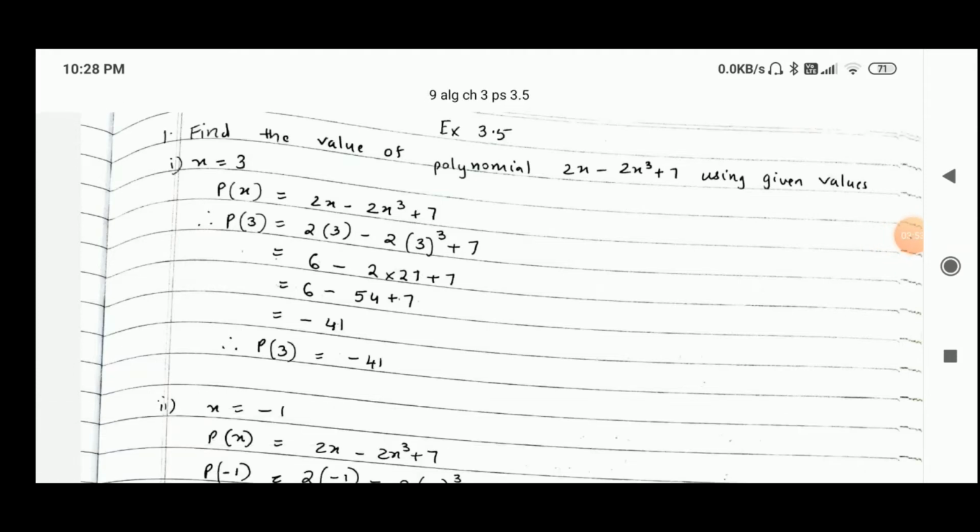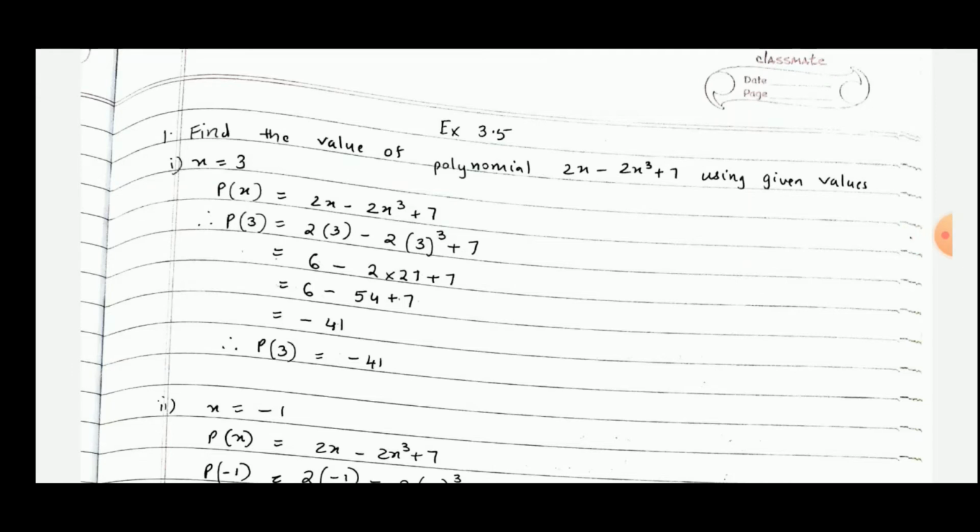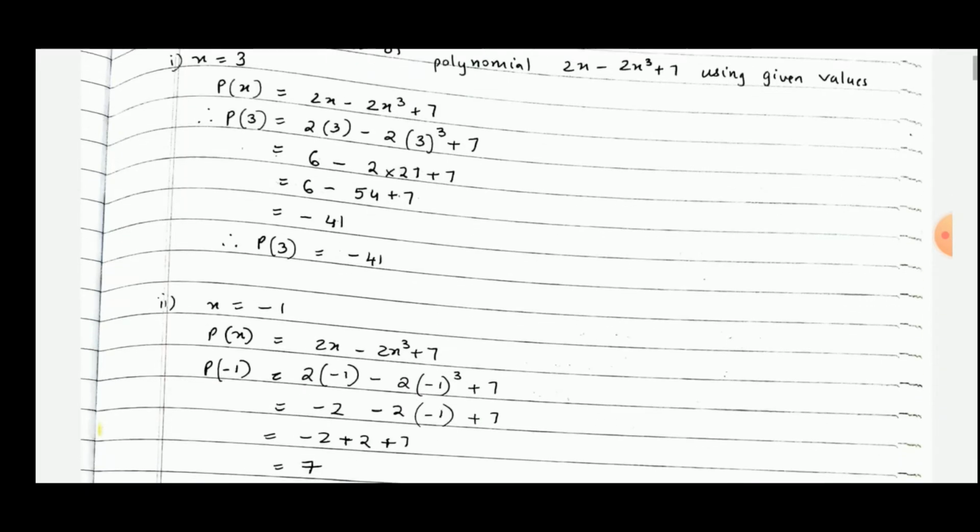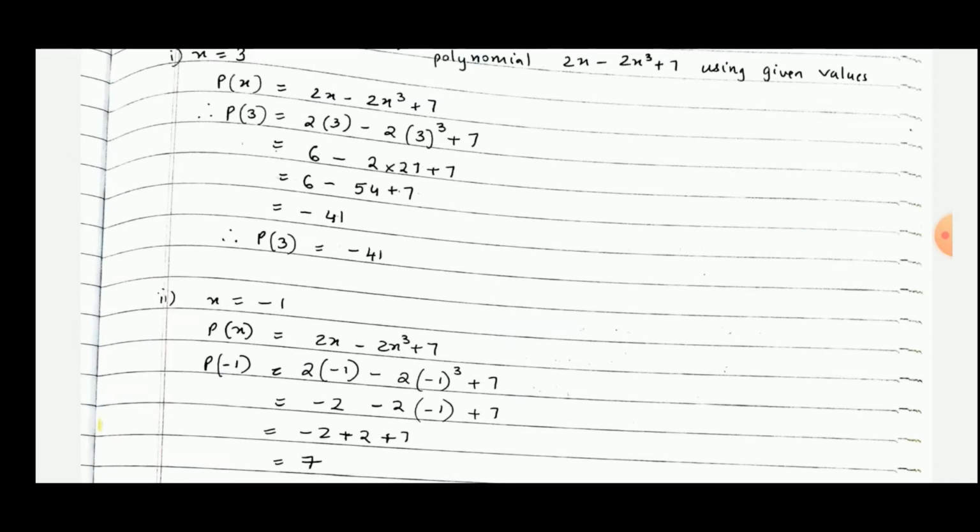Wherever x is there, substitute 3. So 2 into 3 minus 2 into 3 cube plus 7. So 6 minus 2 into 27 plus 7, since 3 cube is 27. So 6 minus 54 plus 7, so that is minus 41. So the value of the polynomial at x is equal to 3 is minus 41.